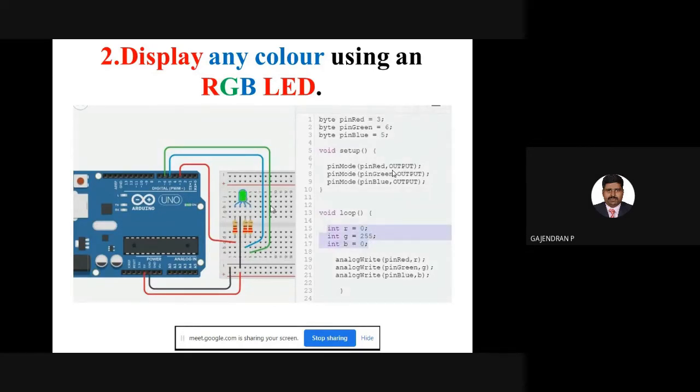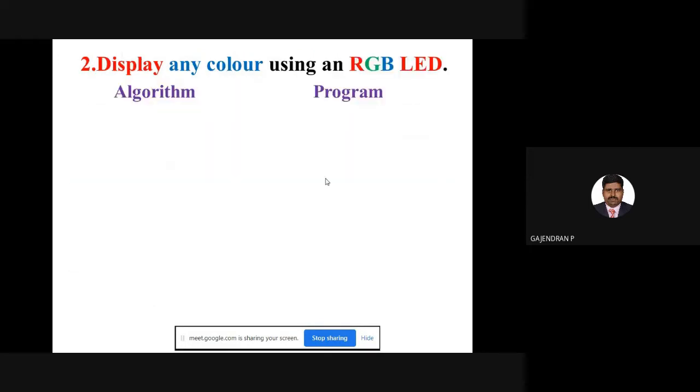So we arrived at red and green now. For blue, what we have to do? Again, we need to change the values accordingly. It will give the blue color. So blue I am making 255, the remaining 2, red and green, I am making 0. That's all.